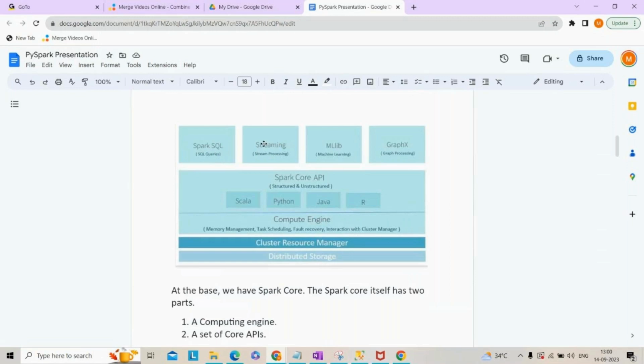The Streaming library helps us process real-time and continuous stream data. Here we can prepare mini batches.